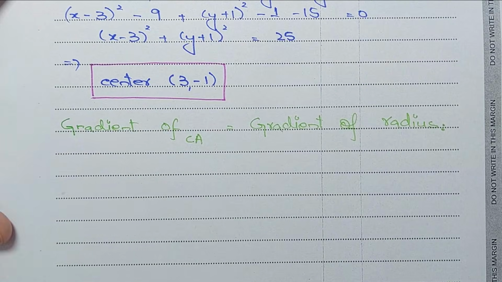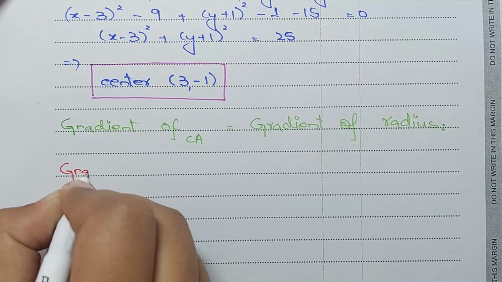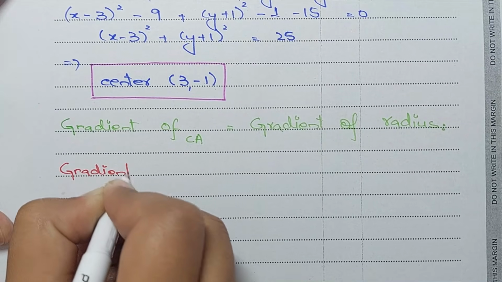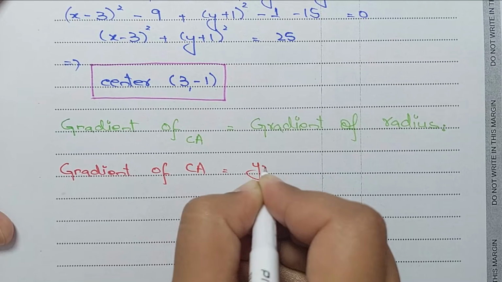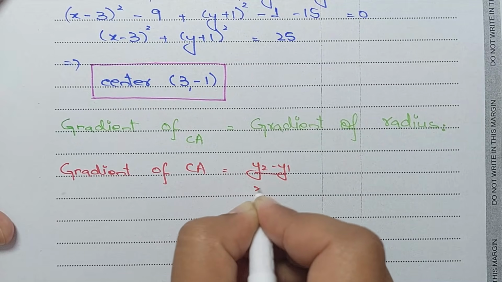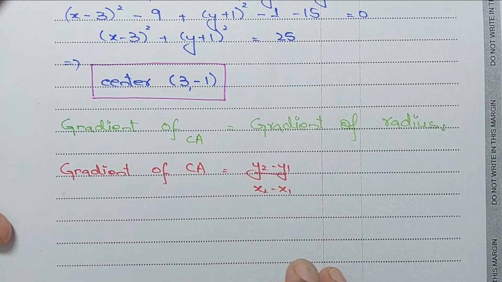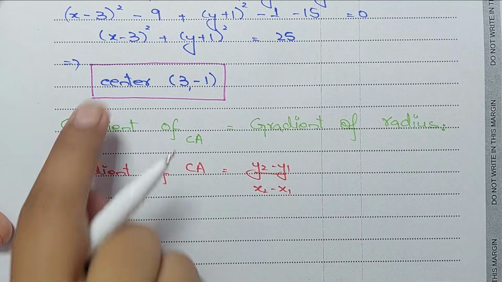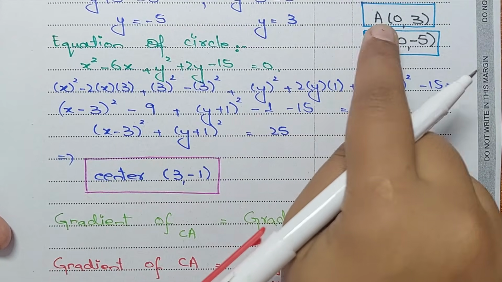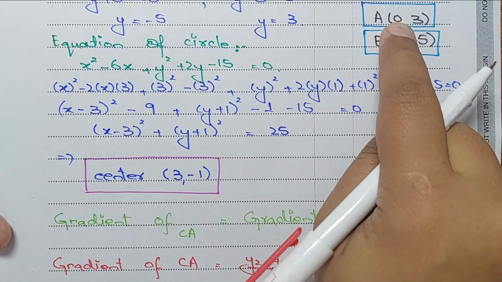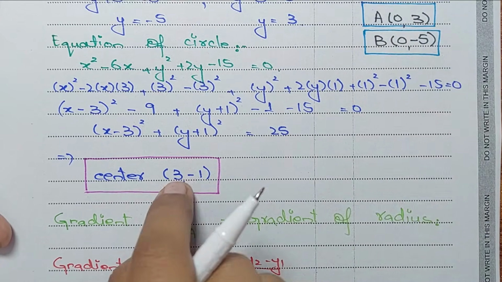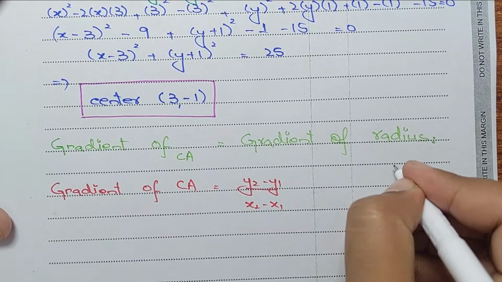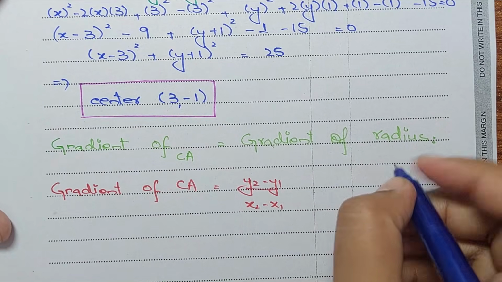We can say the gradient of CA is y2 minus y1 over x2 minus x1. So the coordinates of C and the coordinates of A, C to A. Let me write that down over here.